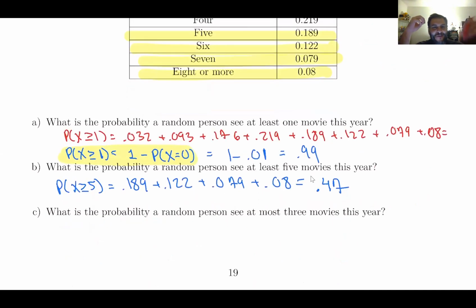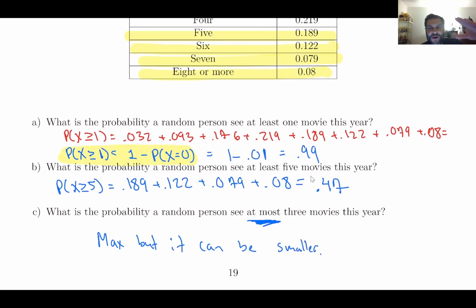So part C says, what is the probability a random person sees at most 3 movies this year? So right here, the keyword is at most. So when you see at most, that means it's the max, but it can be smaller.